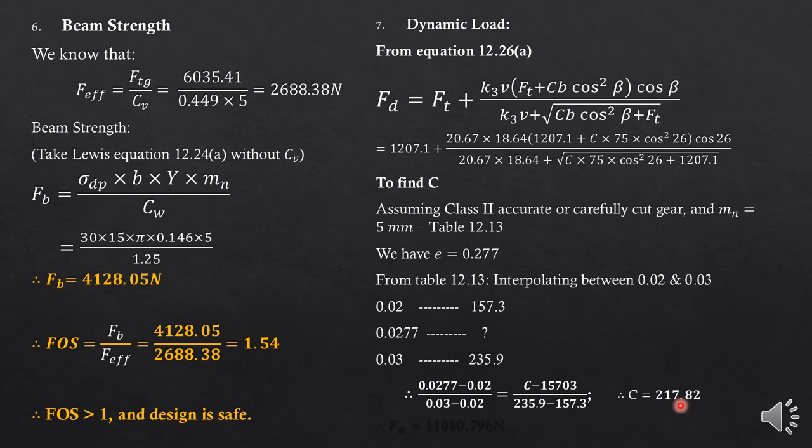Alright, so substituting everything back into the dynamic load equation, dynamic load turns out to be 11,080.796 Newton. So you have a dynamic load value which is greater than the tangential tooth load, which gives an indication of how safe the gear tooth is. Okay, so now we go ahead and check for the wear load after this in the next slide.